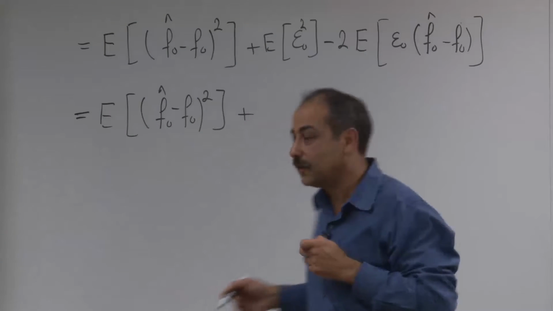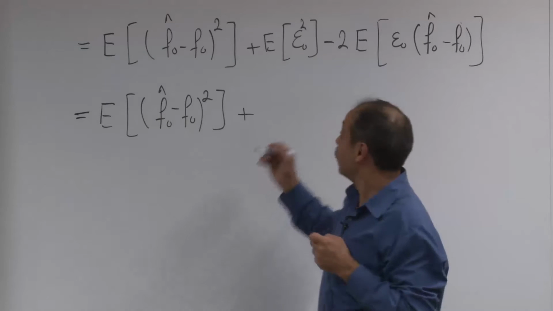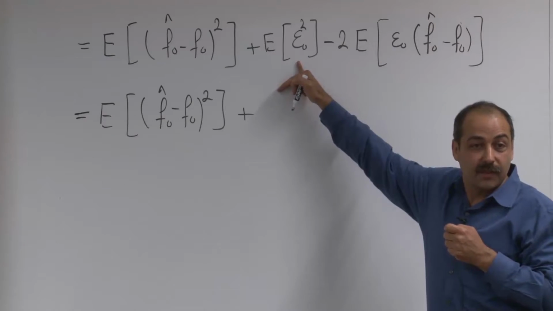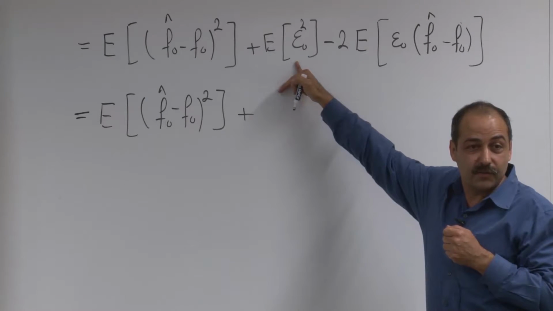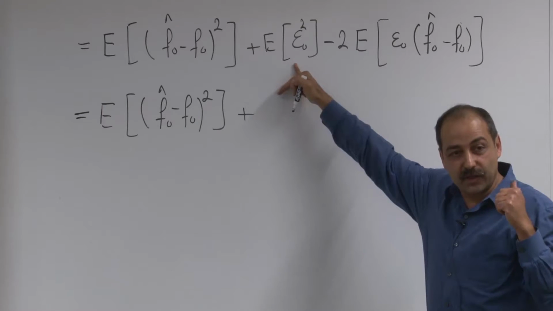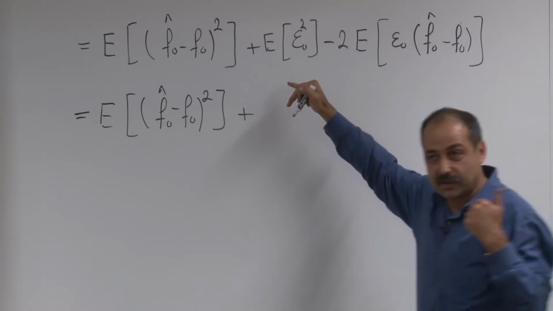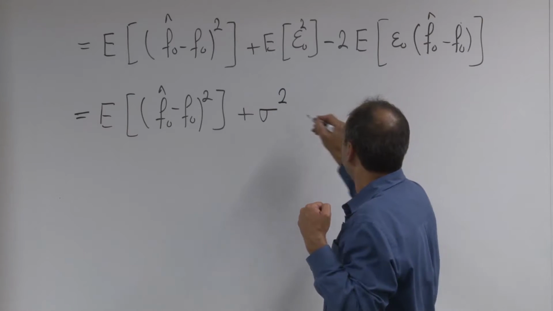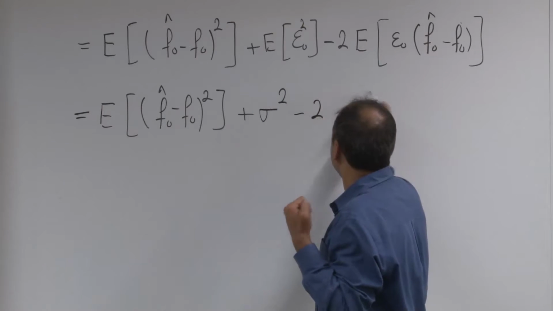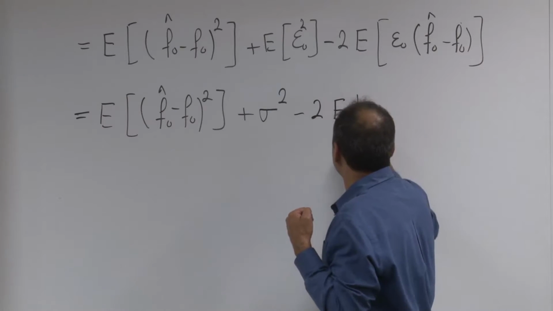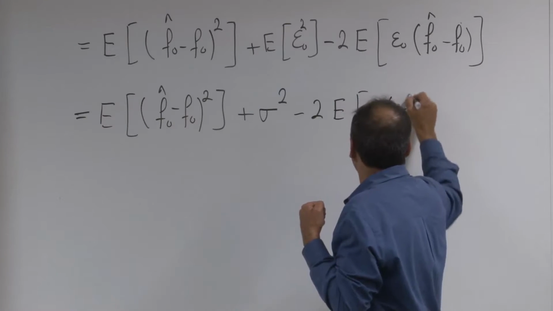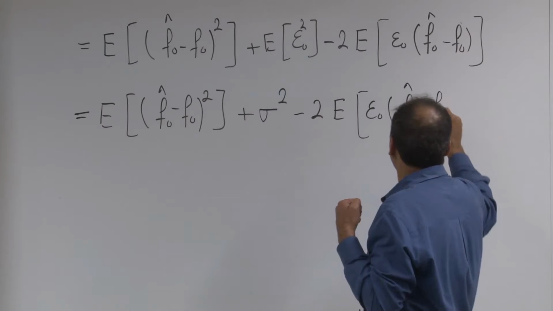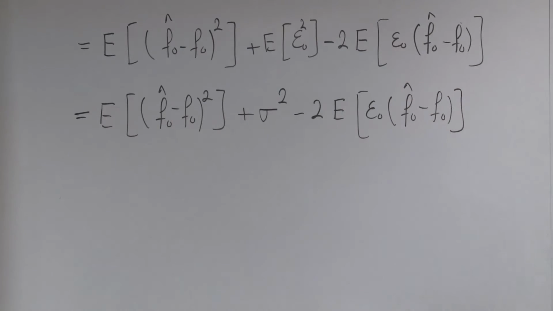No, the expectation of epsilon would be 0, but the expectation of epsilon is squared. So it's the variance, basically, right? And minus this term that I don't know what to do with.